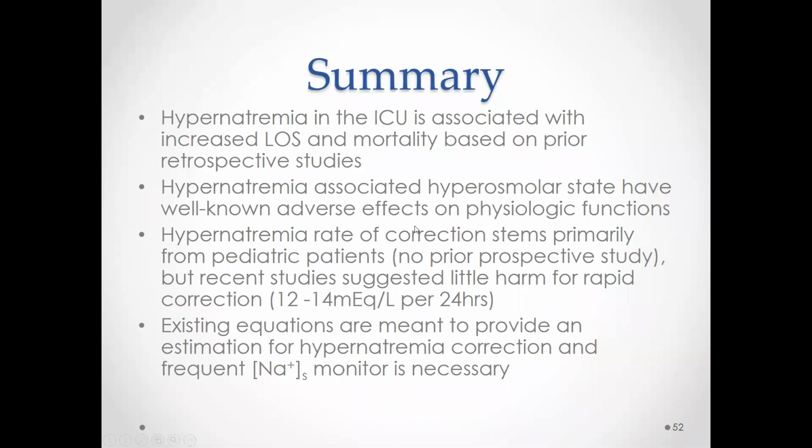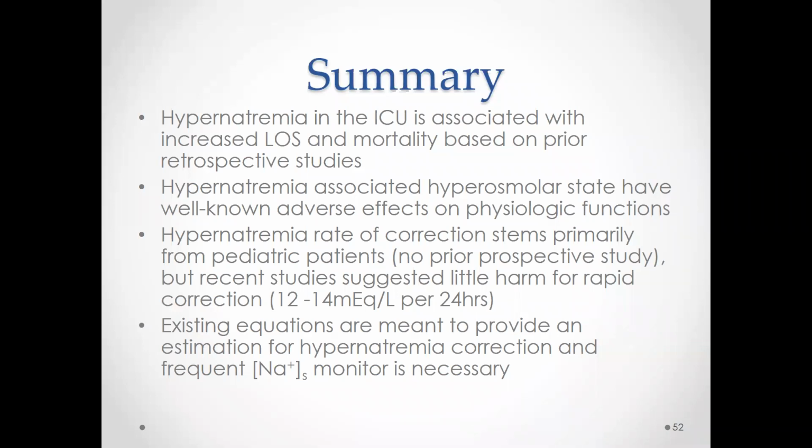The rate of correction, again, most of the data in the past was based on pediatric populations, pediatric patients with gastroenteritis. They gave them free water and the sodium corrected, and they compared the groups to see if there was evidence of seizure or not.